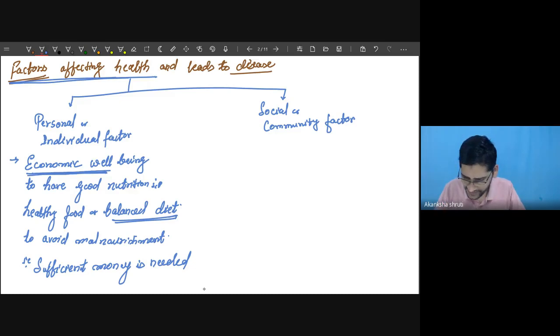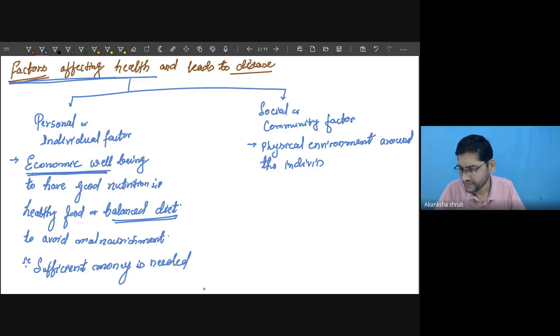Coming to the social or community factor, what is there? The physical environment around an individual must be healthy.